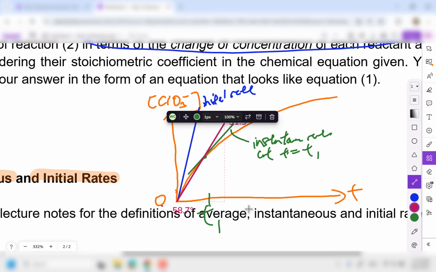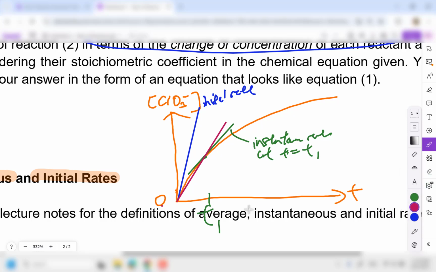So this red line will be the average rate of the reaction from 0 to t1.